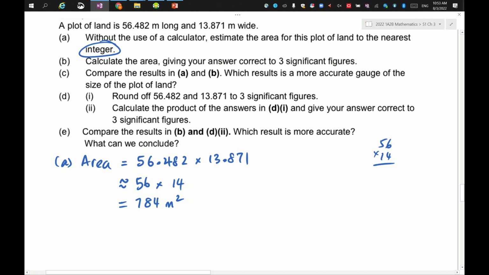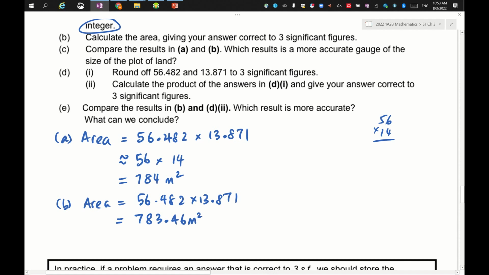And then in part B, it says calculate the area, giving your answer correct to 3SF. This time, we take 56.482 times 13.871. Let's see what our calculator gives us. 783.46 square meters. And it says, correct to 3SF.